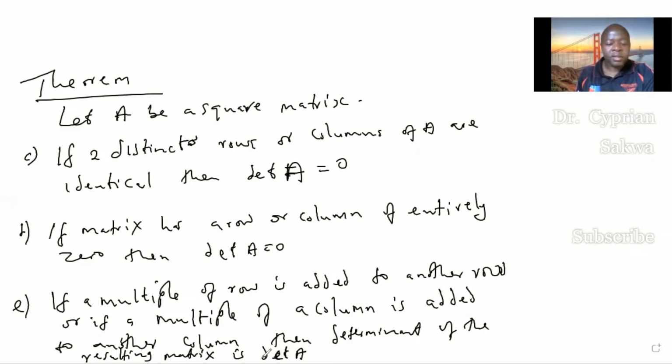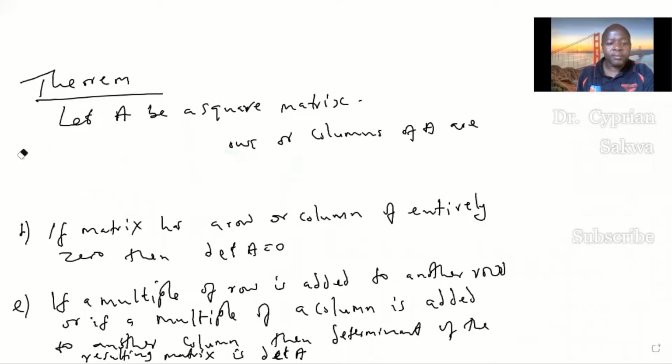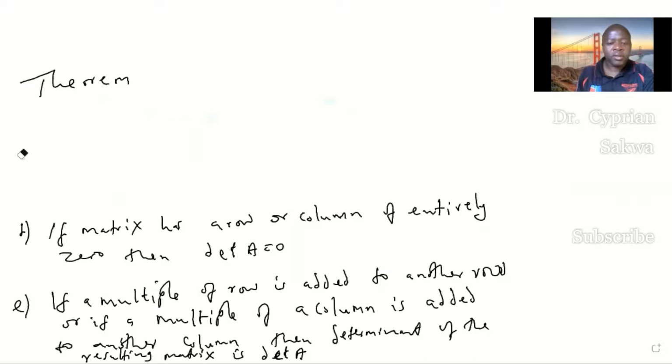It's the same as det A. It's just the same as that of the original matrix. Let me erase this part and show you an example, an illustration for this part E.